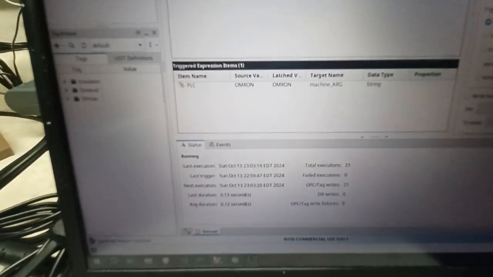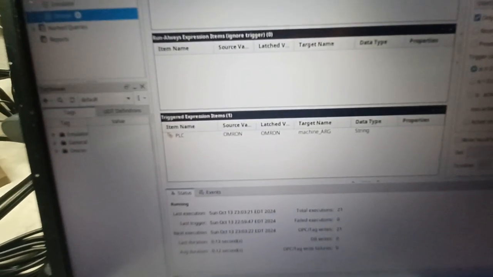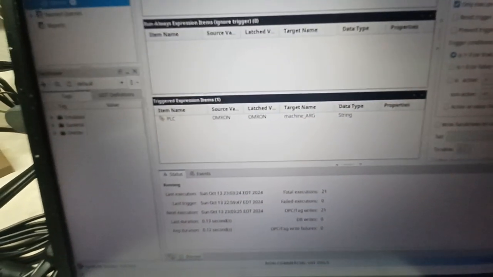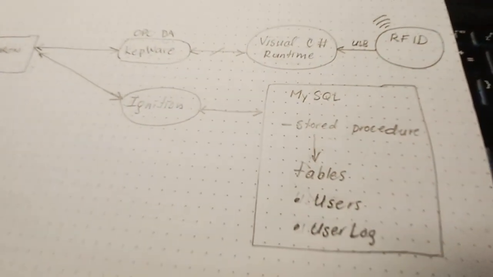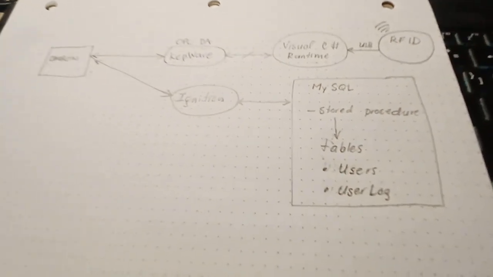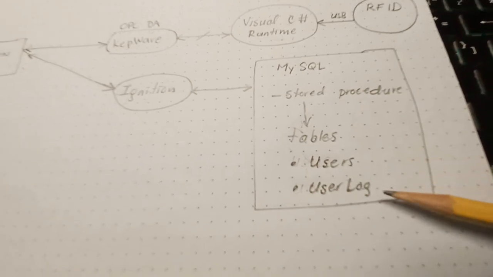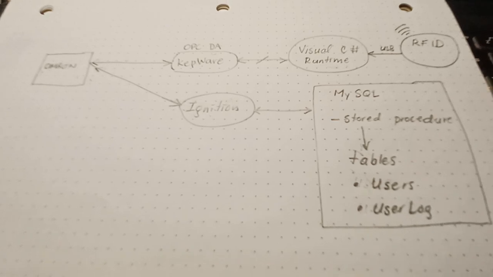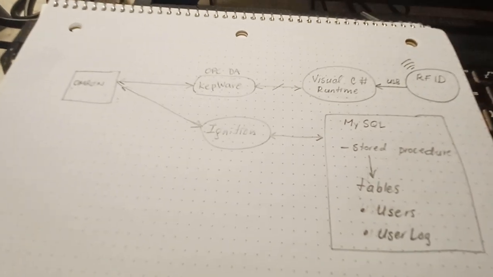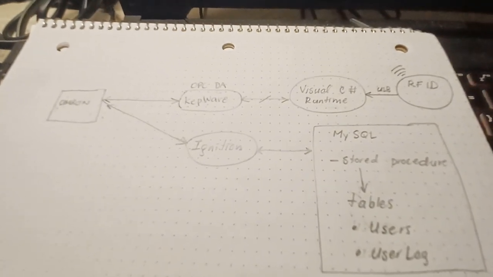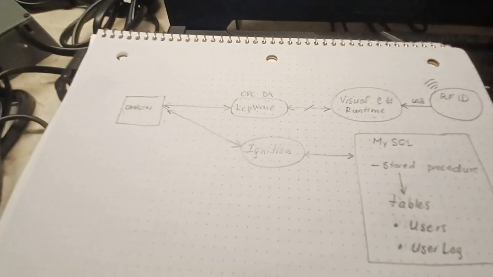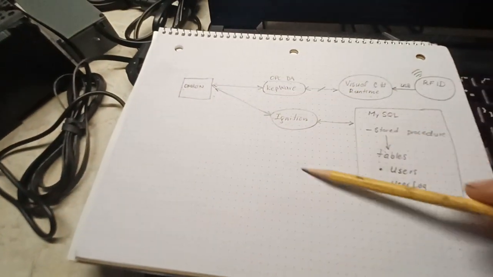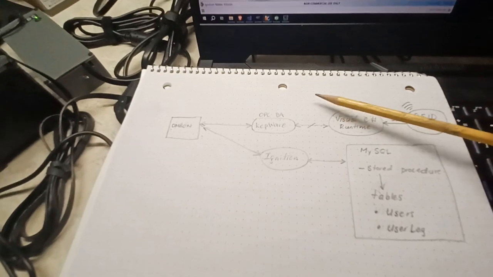If the user's bit turns on, then it will execute the stored procedure called search user, which searches for a user, and if the user is found, it returns its access level, and if it's not, then it will reply with 99, and that's an unauthorized user or a not registered user. And of course, all this is inside the Windows laptop.